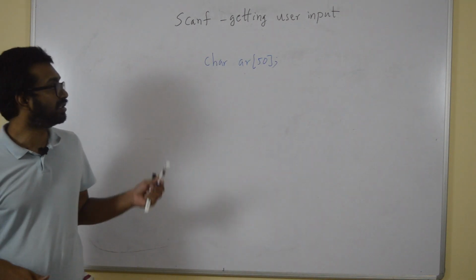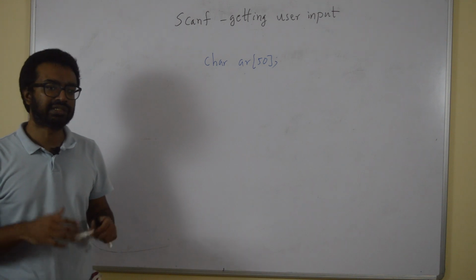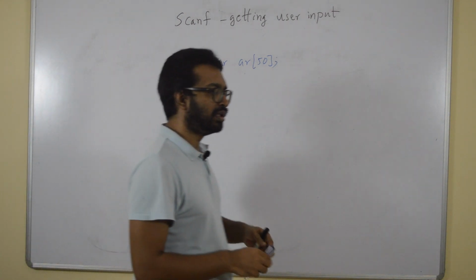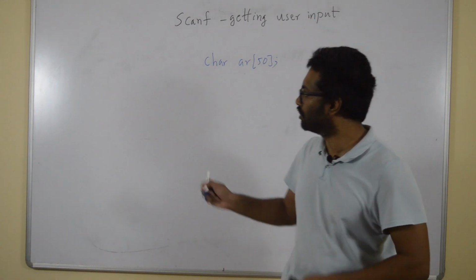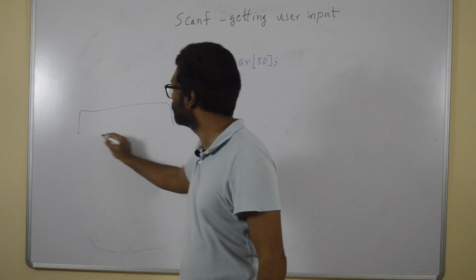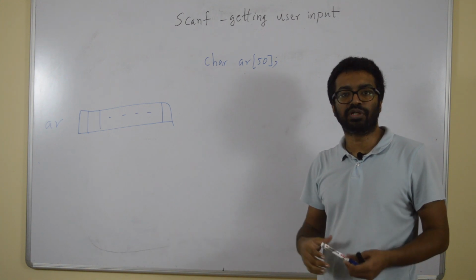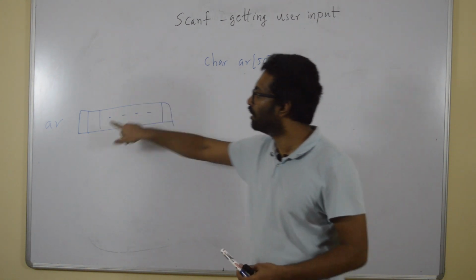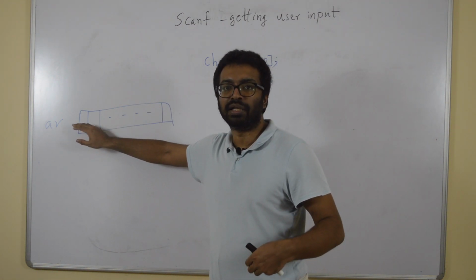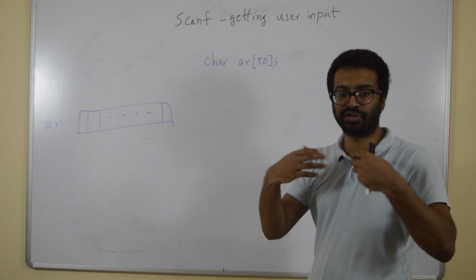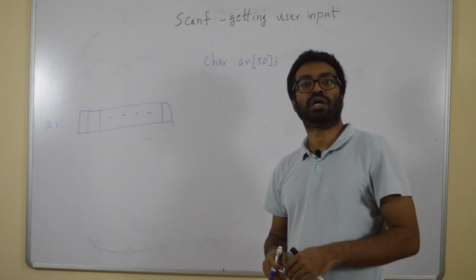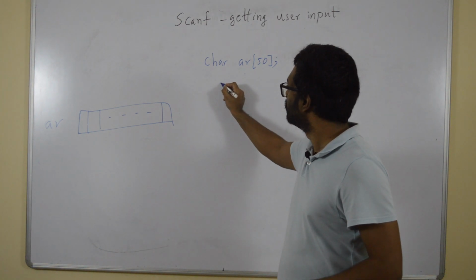Right? I created an array of 50 characters. Now I want to pass this thing to scanf, and scanf is going to take that array. So this array in memory will be like this, right? And the scanf is going to take this thing and fill letters into this array after taking it from the user. How do I write the scanf function?